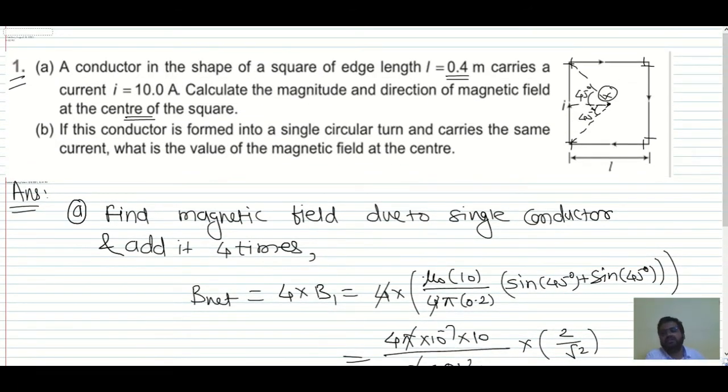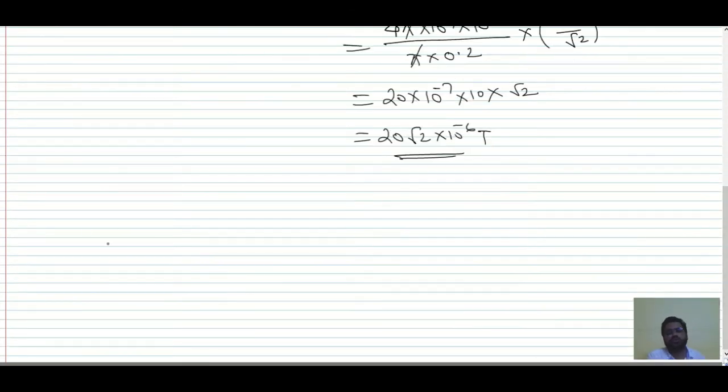Now in part B, they are asking if this conductor is formed into a single circular turn, carrying the same current, what is the value of magnetic field? Okay, so now in this B, 4L will become 2 pi r, isn't it?